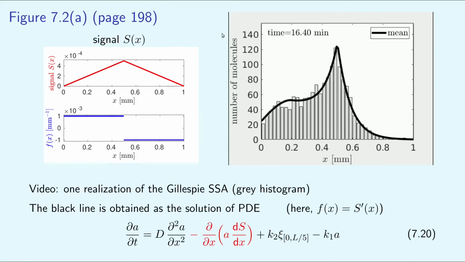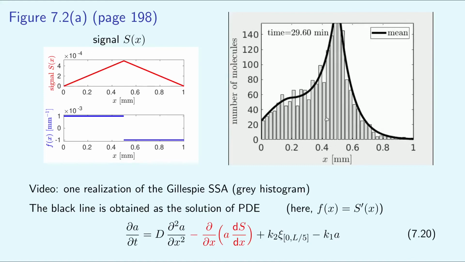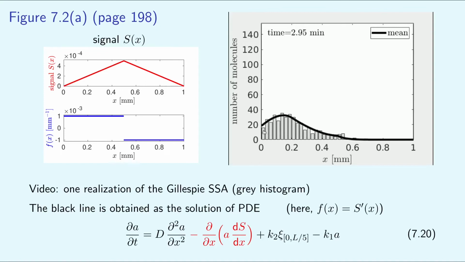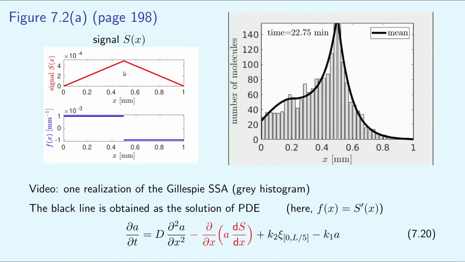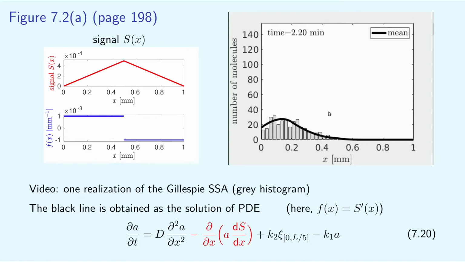We observe that the molecules are initially produced in the left part of the domain. They diffuse and are degraded, but they also aggregate around the maximum of the signal. We use the same signal profile which we have used in our first example. Signal S(x) is a piecewise linear function with its maximum at the point 0.5 mm, which is also the maximum of the long-time behavior of the concentration profile.